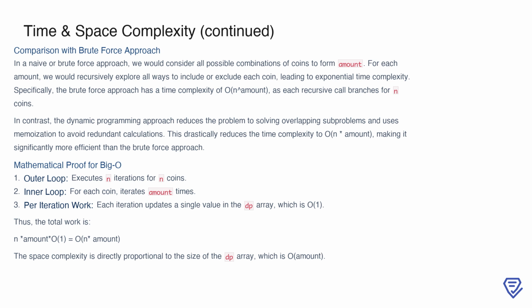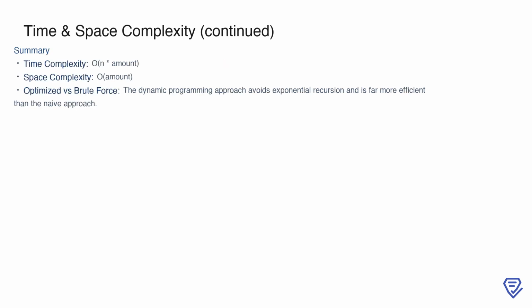To understand this mathematically, the outer loop runs for n coins, and for each coin, the inner loop processes approximately amount iterations. Each iteration updates a value in the DP array in constant time, resulting in a total of O(n * amount) operations. The space complexity remains O(amount), as it depends solely on the size of the DP array. To summarize, the dynamic programming solution achieves a time complexity of O(n * amount) and a space complexity of O(amount).